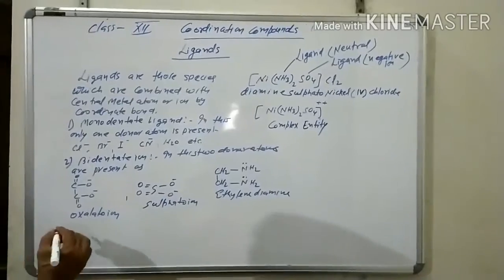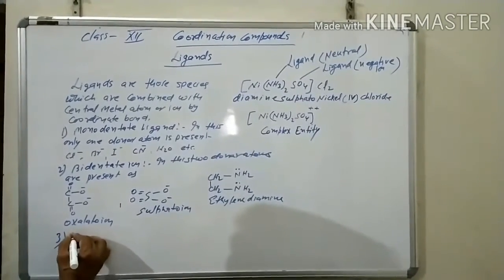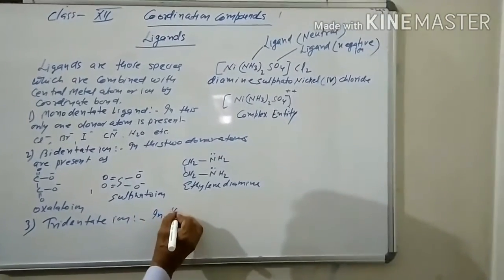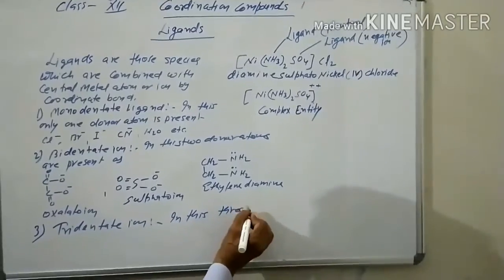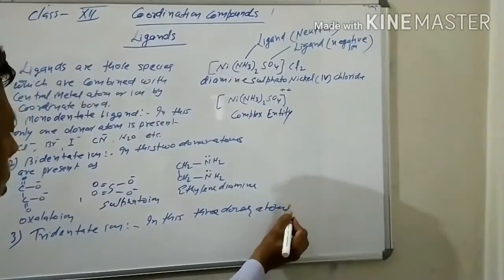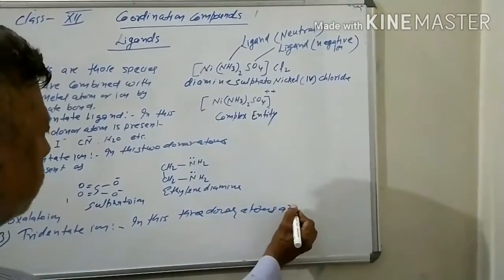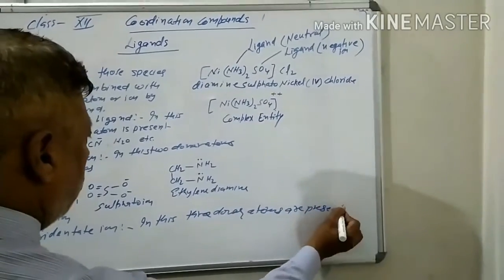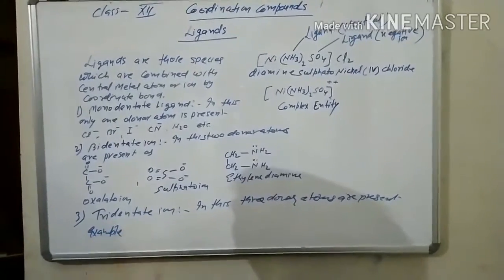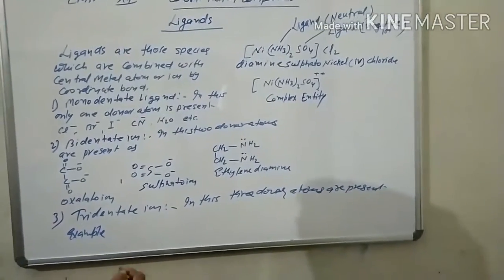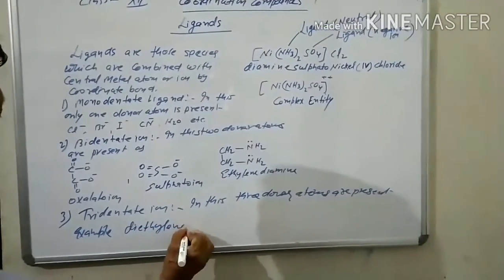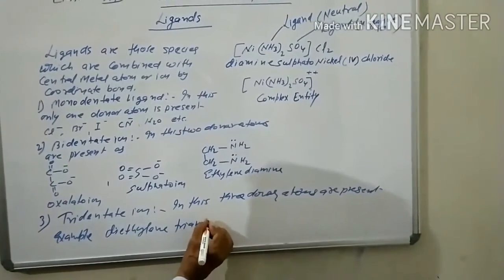Third is tridentate ligand. In this, 3 donor atoms are present. Example, diethylene triamine.